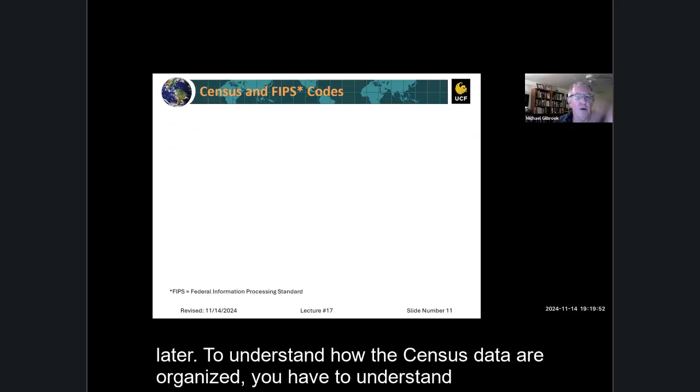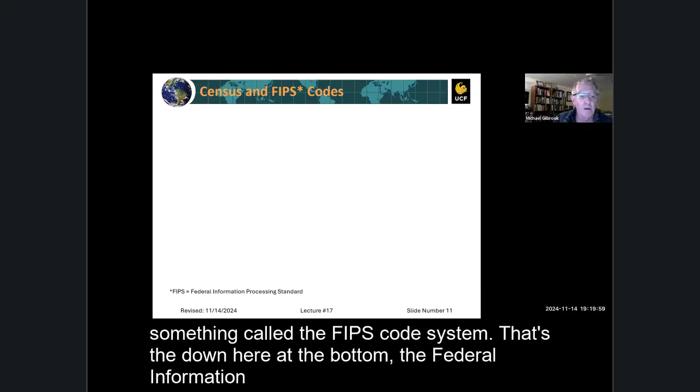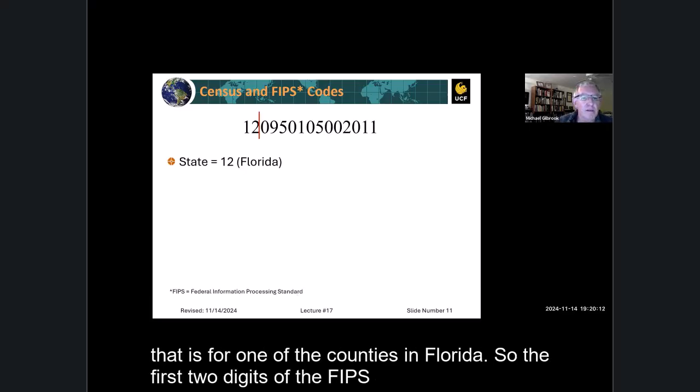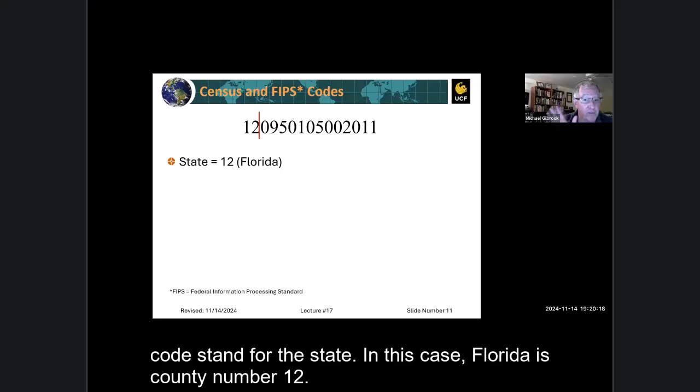To understand how the census data are organized, you have to understand something called the FIPS code system. That's down here at the bottom, the Federal Information Processing Standard, FIPS codes. So here is a FIPS code that is for one of the counties in Florida. So the first 2 digits of the FIPS code stand for the state.